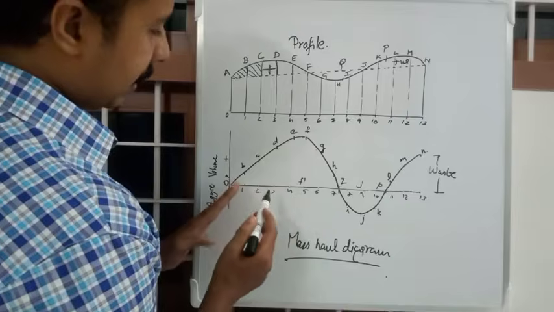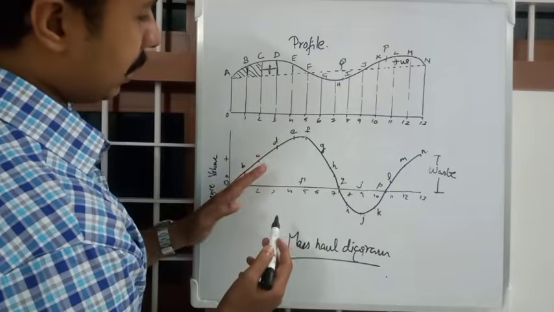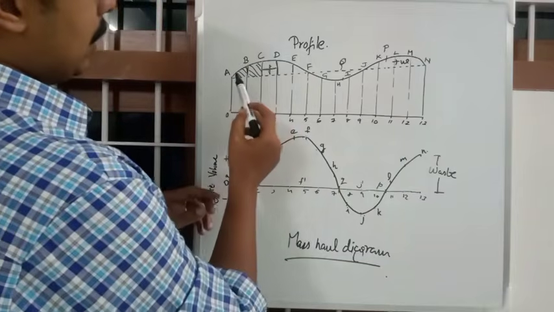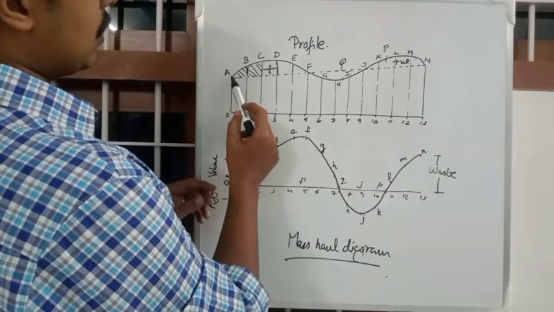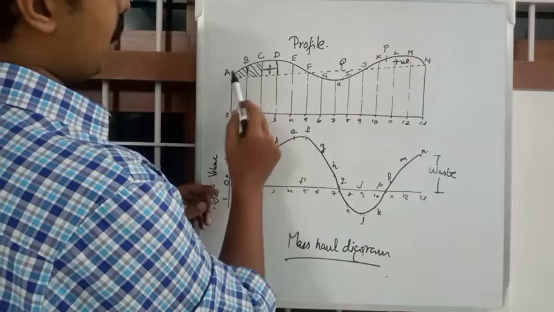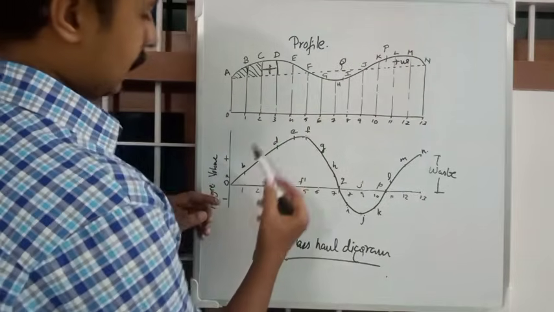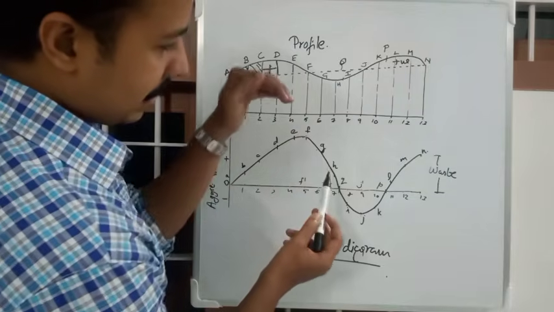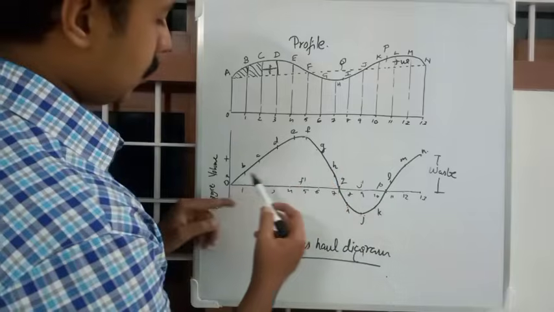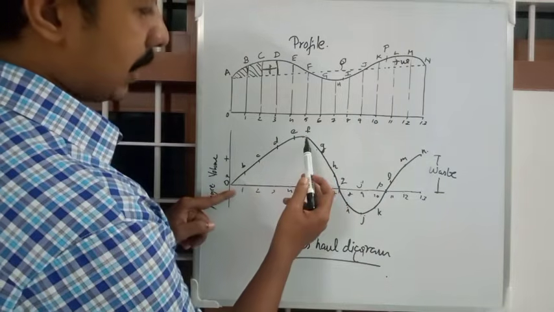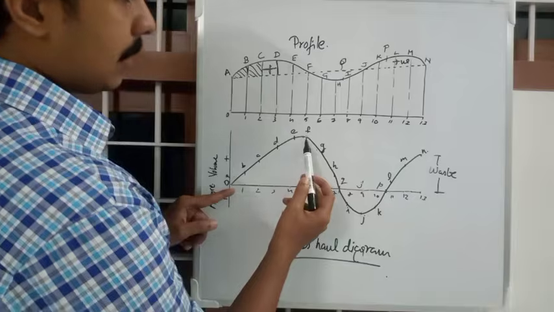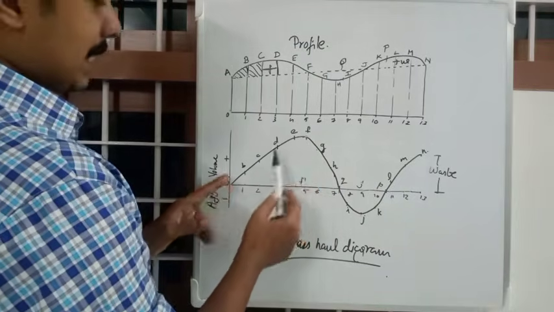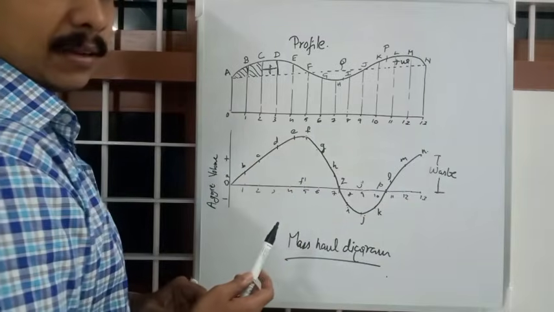In this mass curve diagram, when the curve is rising it indicates cutting. Right now the cutting is happening from A to F. The rising curve is cutting till F. From then it is falling. Rising curve indicates cutting because the aggregated volume is increasing in a rising curve.